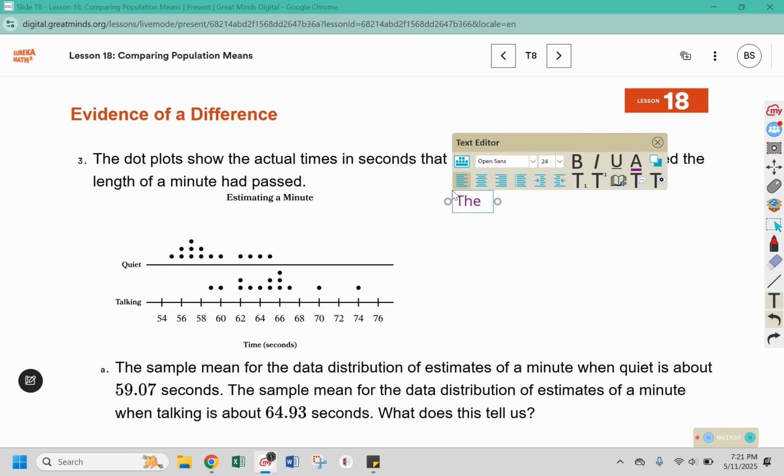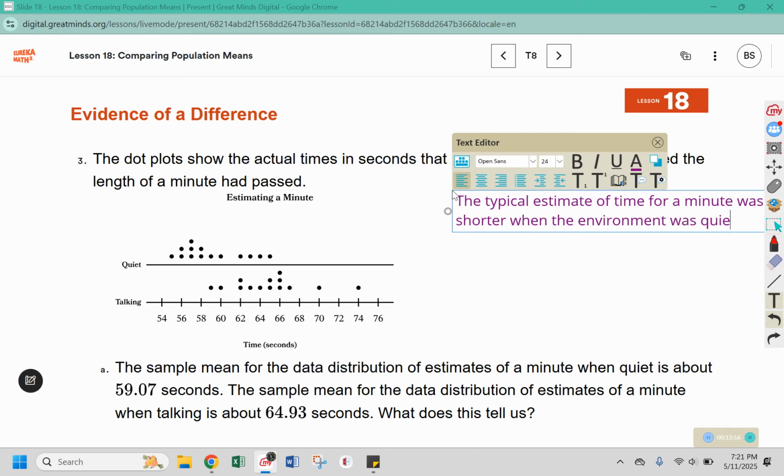The typical estimate of time for a minute was shorter when the environment or when the surroundings were quiet than the estimate of a minute when people were talking.